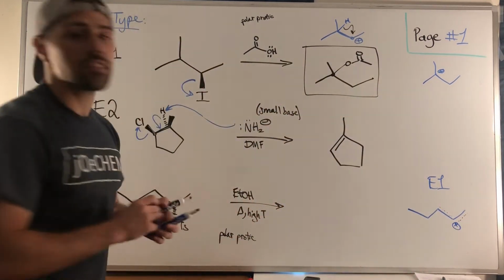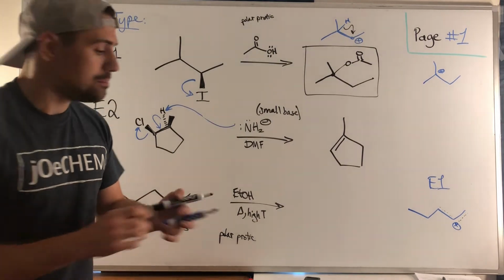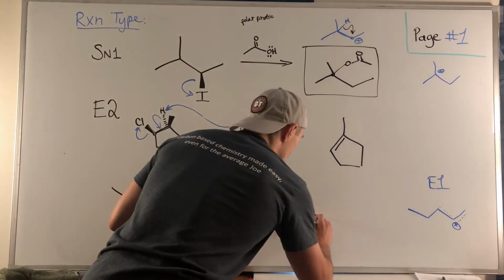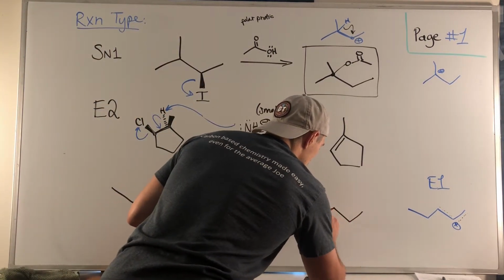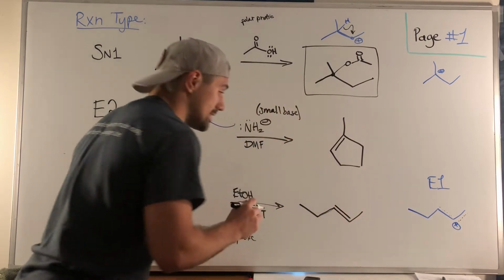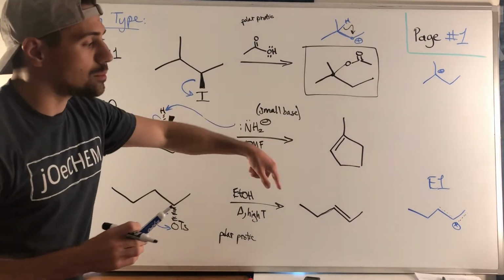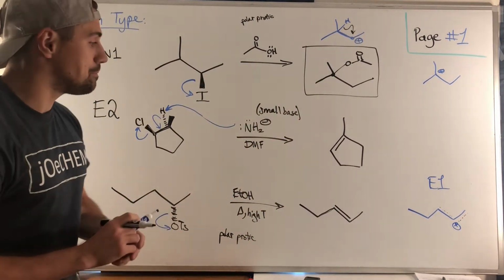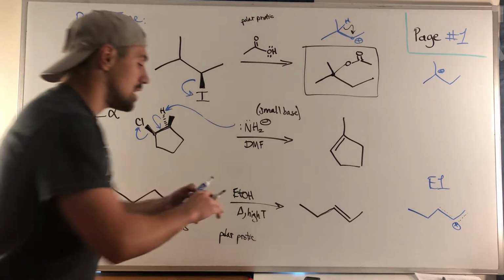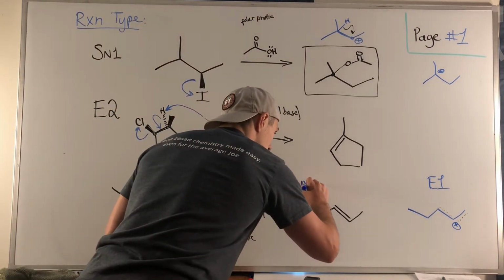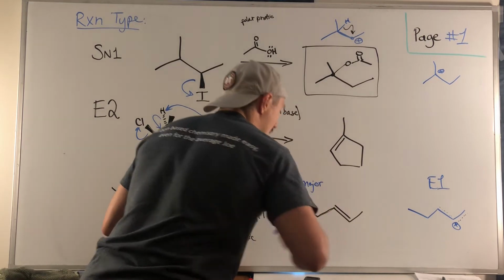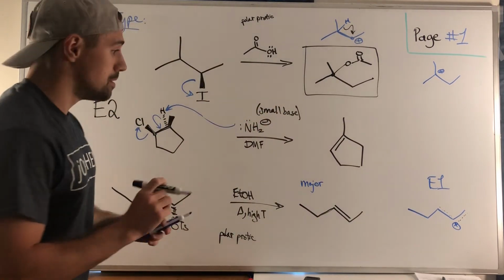And the answer is the most substituted double bond we can make. So we're going to make a secondary double bond that's di-substituted over the secondary primary double bond, which would be mono-substituted, okay?